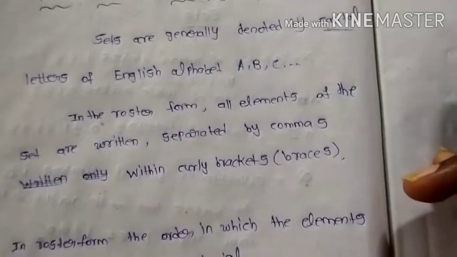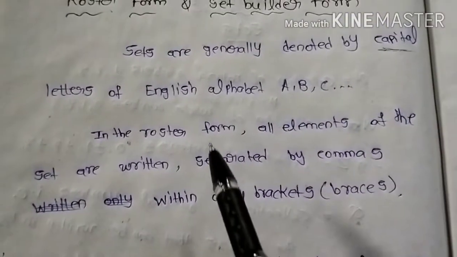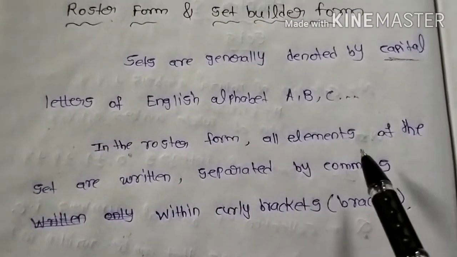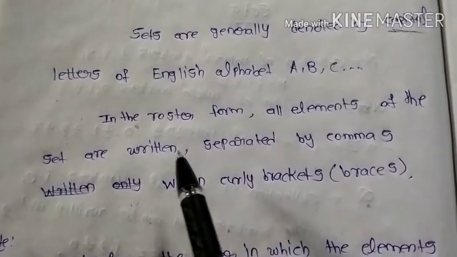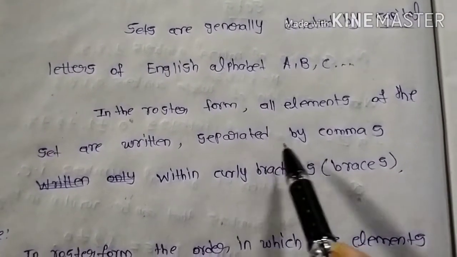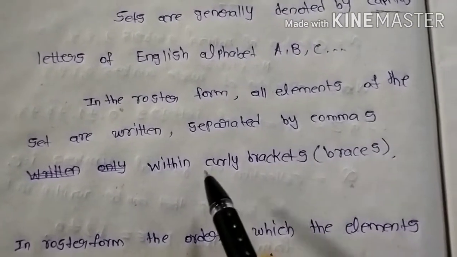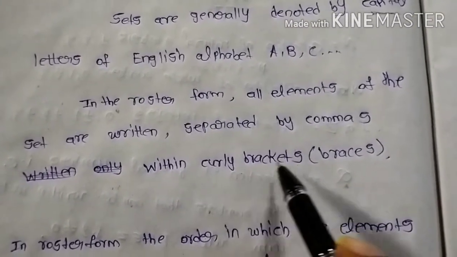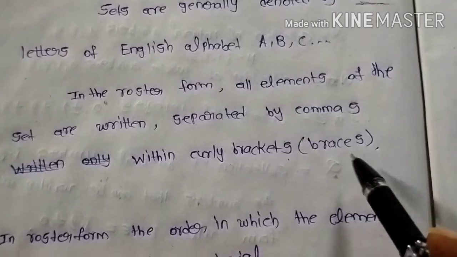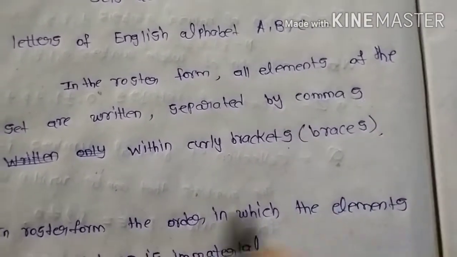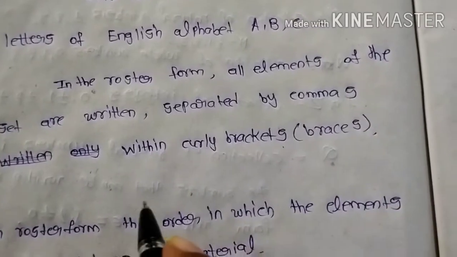Also, in the roster form, all elements of the set are written separated by commas within curly brackets, that means braces. For example, I am asking you the set of vowels in the English alphabet.